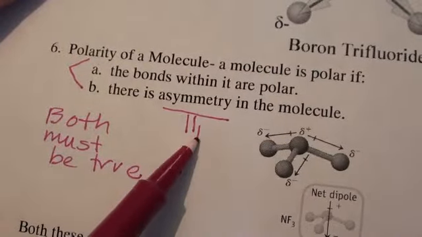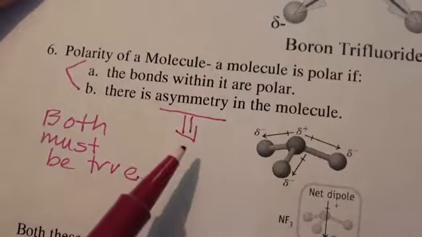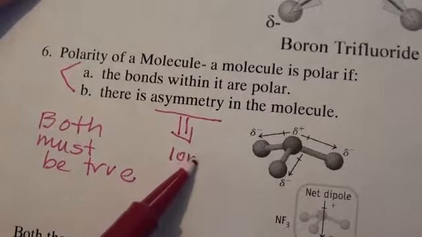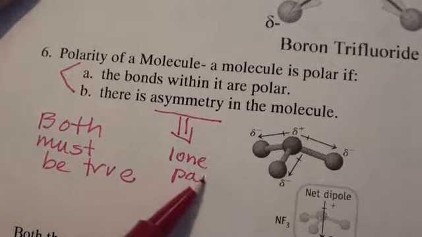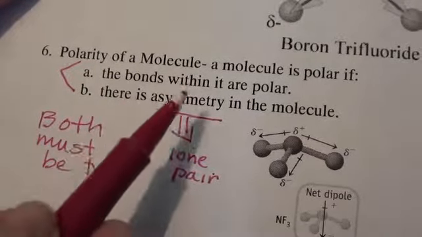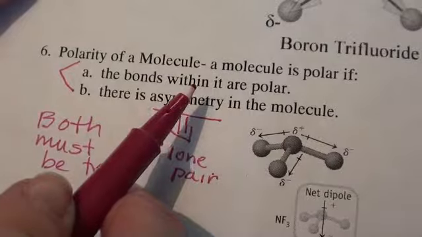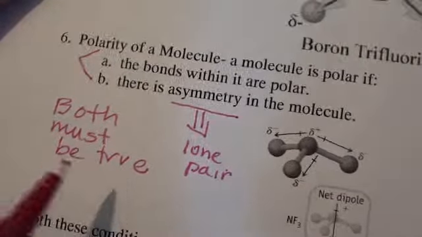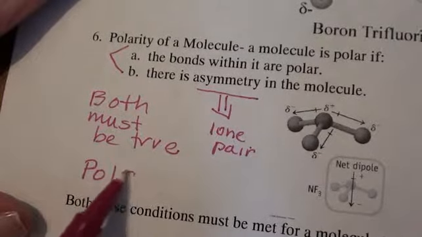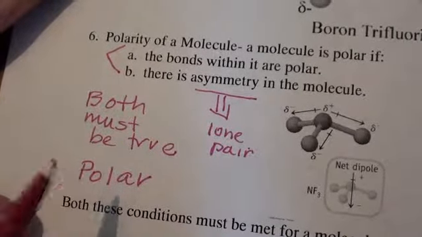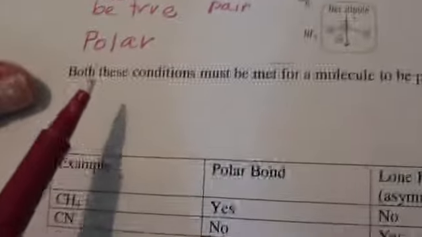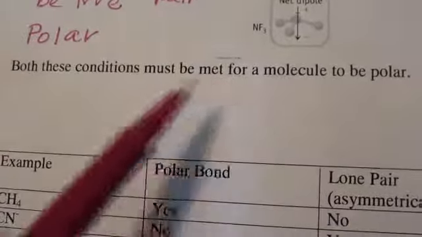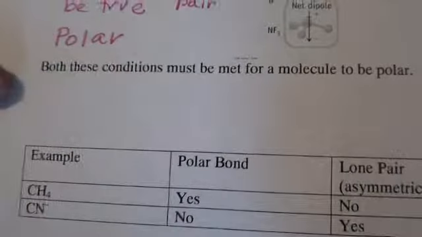You can set your minds at ease and not worry about asymmetry and just check for lone pairs. So, if it is a polar bond within the molecule and it contains a lone pair, then it can be polar. Only if these 2 conditions are true. Please let me say this one more time. Both these conditions must be met for a molecule to be polar.